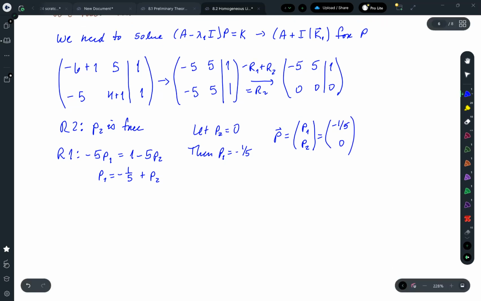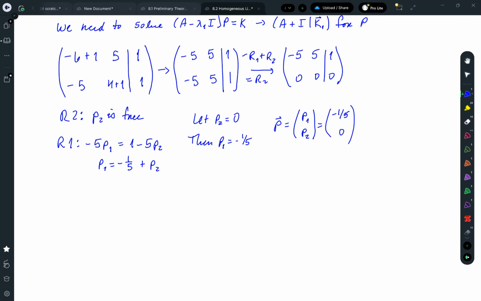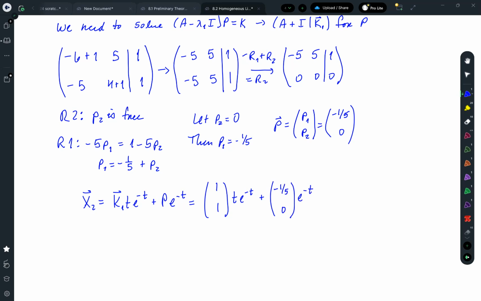So now what we have is x2, our second solution, is equal to K1 t e to the -t plus P e to the -t. So this is going to look like K1, which was the vector 1, 1, times t e to the -t, plus P, which has components -1/5, 0, times e to the -t.